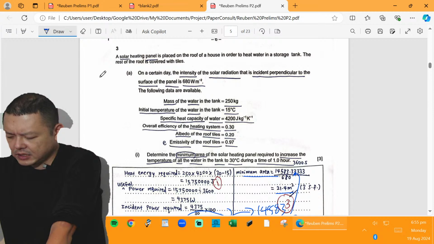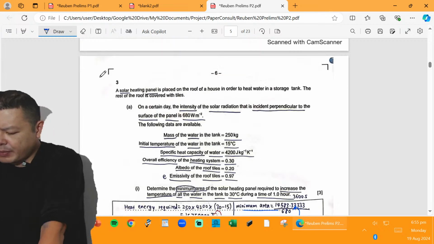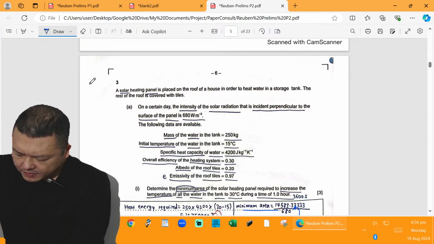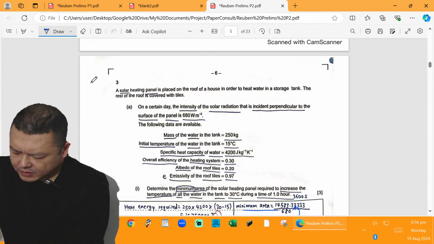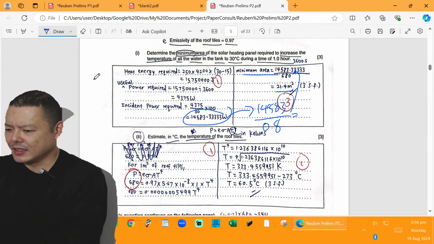Wait, the temperature of the roof tiles. The rest of the roof is covered with tiles. Oh, it's not 680. It's 80% of 680.